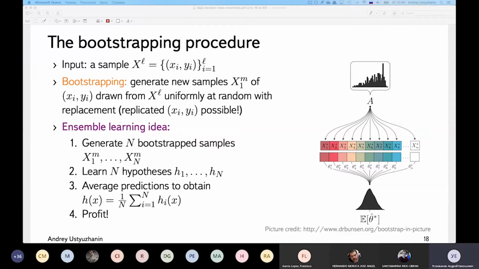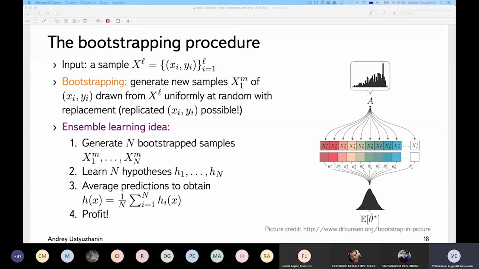The first procedure is called bootstrapping. Imagine we have a sample of items with labels, and we want to generate new samples or subsamples from our initial one, drawn uniformly at random with replacement.